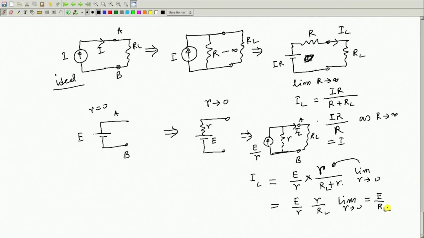E by R L. So, same thing, I mean battery connected across R L, okay. This is the current. And the point I want to make is, in this case I told you conversion is not possible.